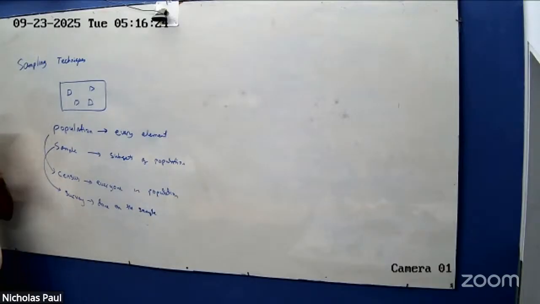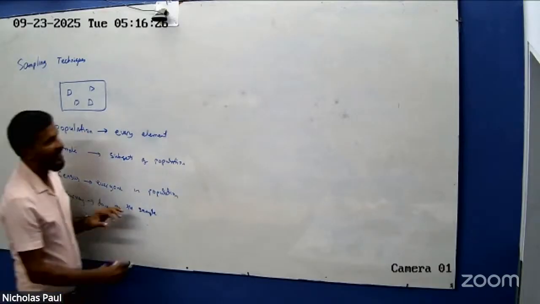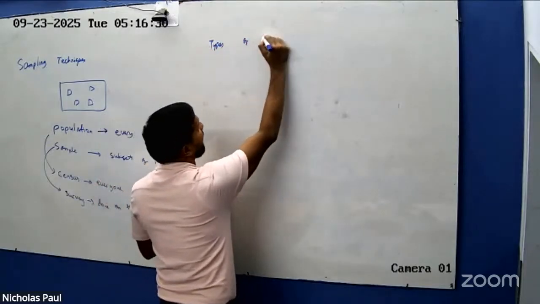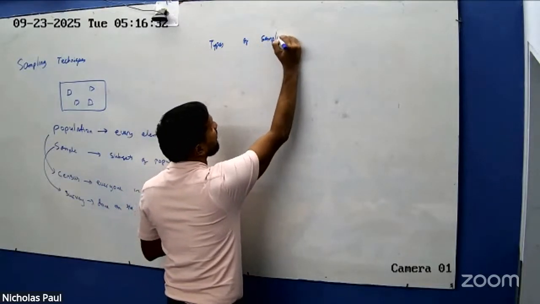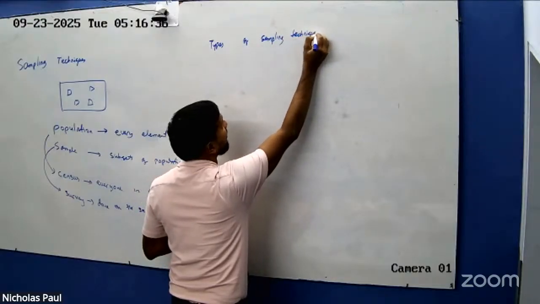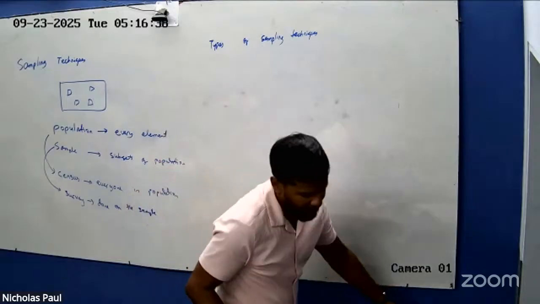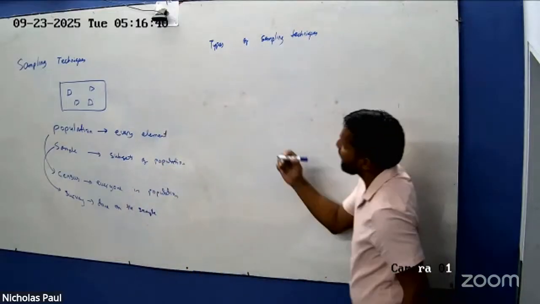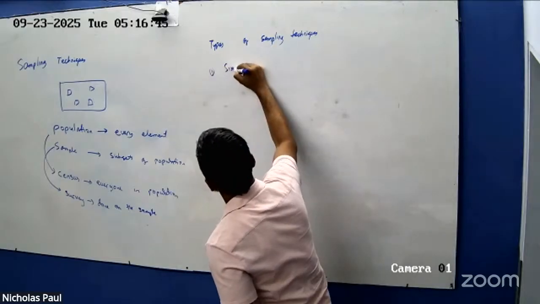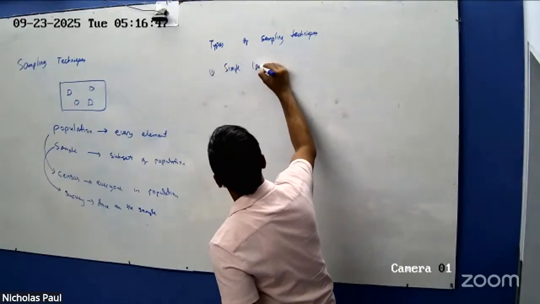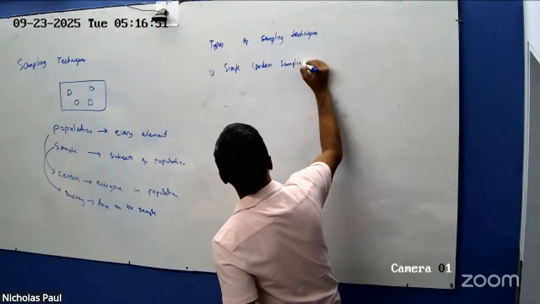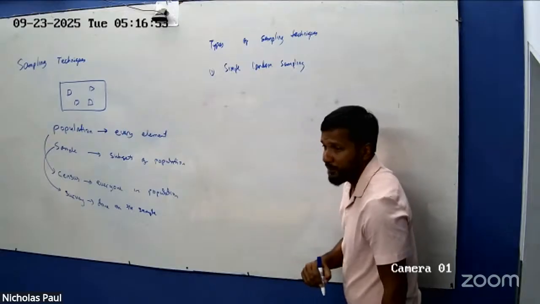Okay, so let's see the types of sampling techniques that we have. Some of the sampling techniques, the one that we talked about last week, the first one, was simple random sampling.